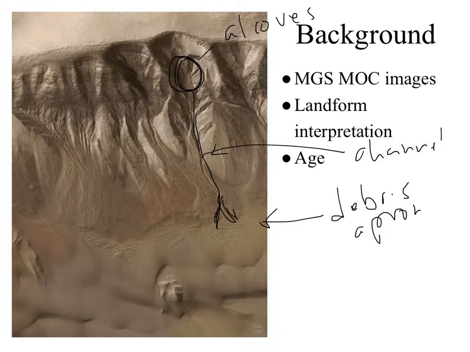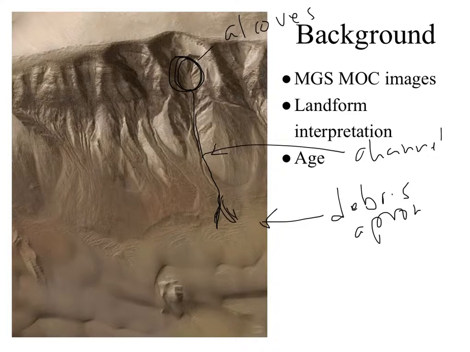And with all of these high-resolution images, all of a sudden, these researchers were seeing hundreds, thousands of these structures around Mars.